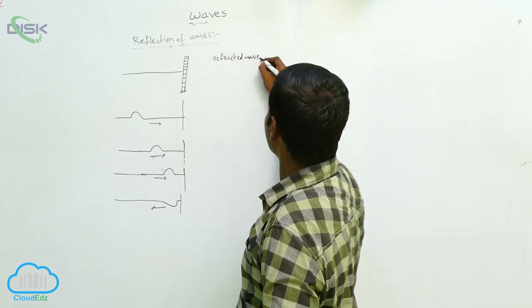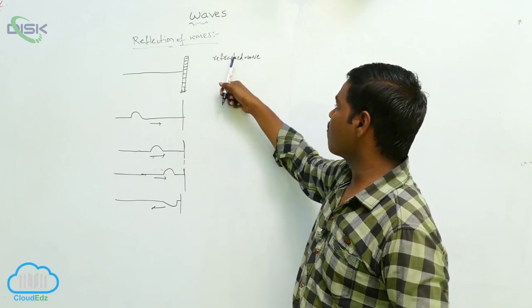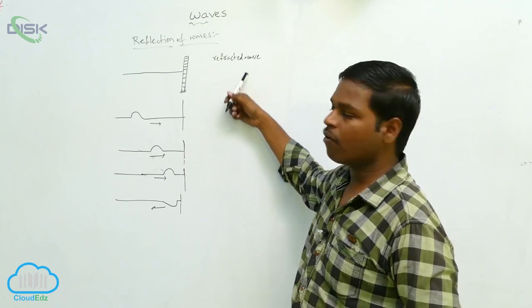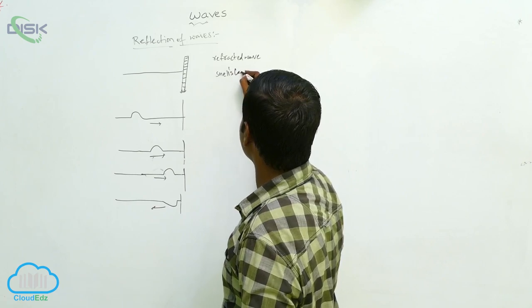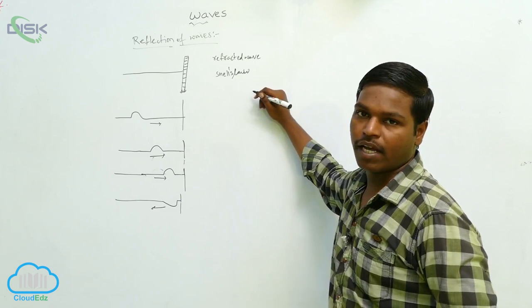If some part of the wave is transmitted, it is called a refracted wave. This refracted wave follows Snell's law of refraction.